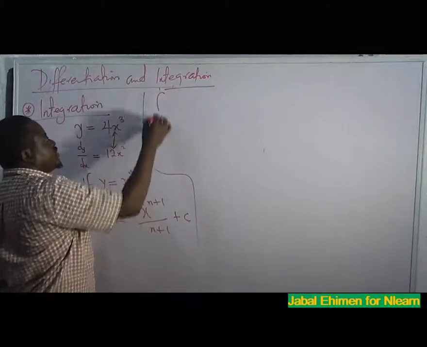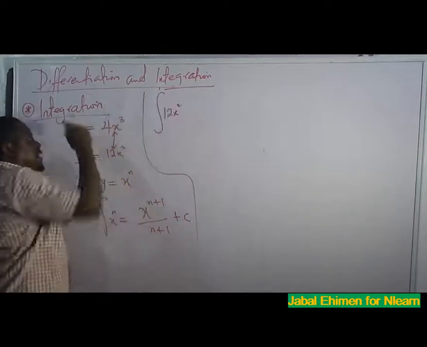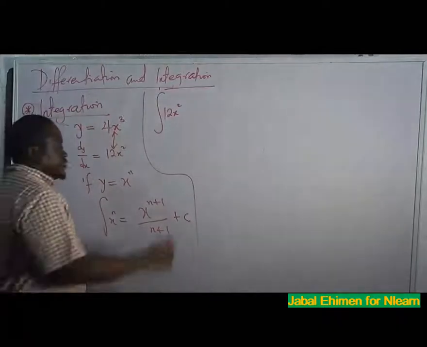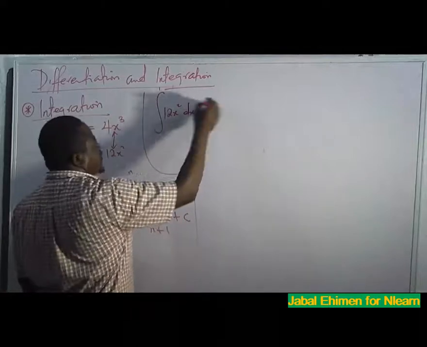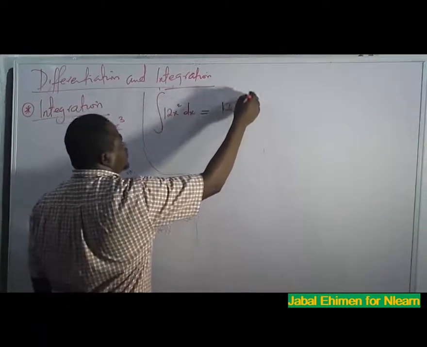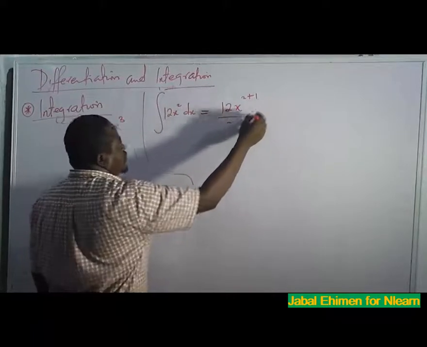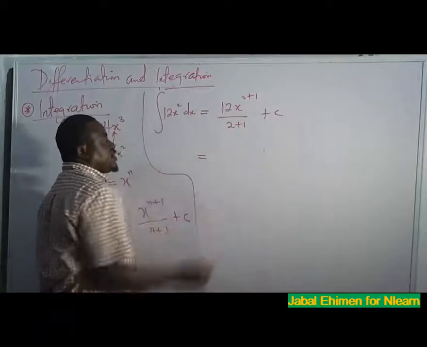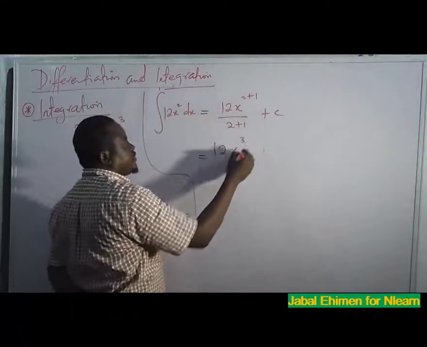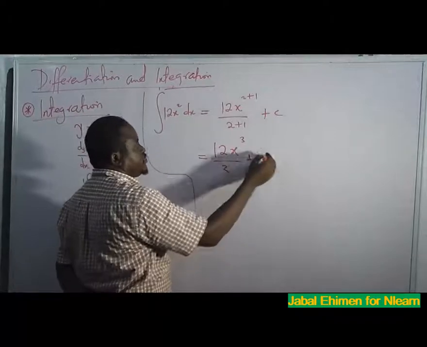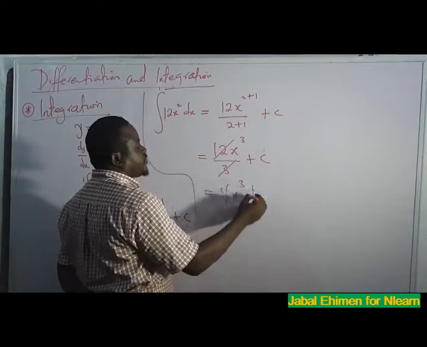All I need to do is the integral of 12x squared dx. I'm reversing it back to the value of y. That will give me 12x^(2+1) divided by 2+1, plus c. That becomes 12x cubed over 3 plus c. 3 here, 3 here. That becomes 4x raised to power 3 plus c.